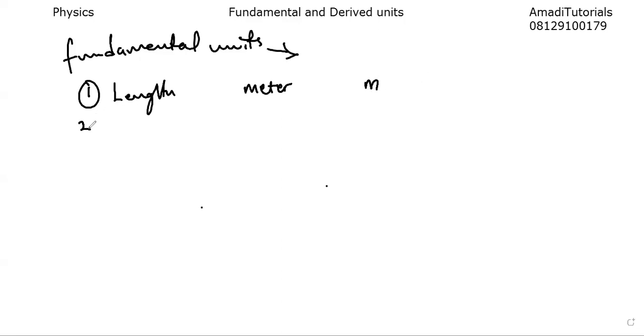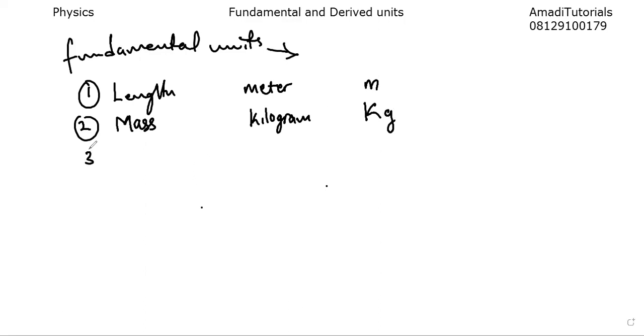Now the next fundamental quantity is mass. Mass is a necessary quantity that has to be measured, and the unit for measuring mass is the kilogram, kg.